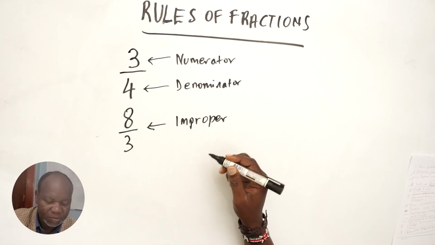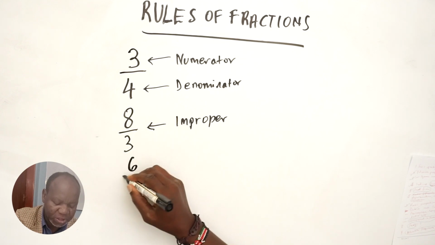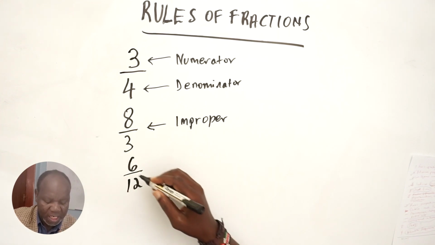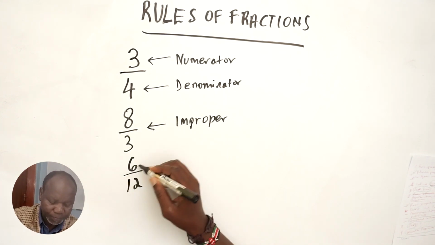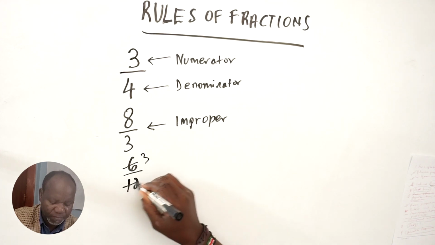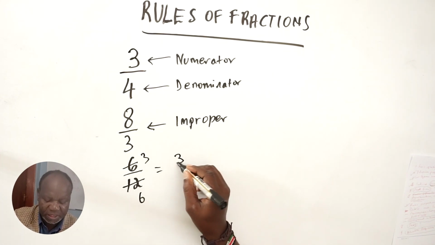There are times when it is possible to simplify a fraction. For example, if I've got 6/12, it is possible to find a number that can cancel 6 and 12. For example, 2 can go into 6 3 times, and into 12 6 times, becomes 3/6.